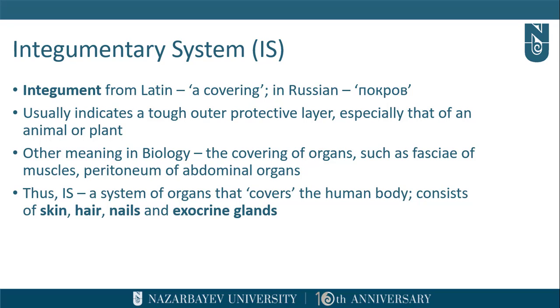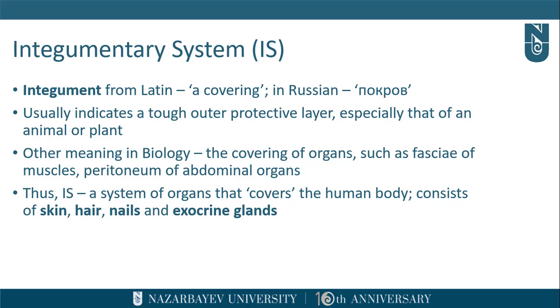Generally, it indicates a protective layer in an animal or plant, and it is mostly found in the coverings of organs, or it can be the fascia of muscles or the peritoneum of abdominal organs.